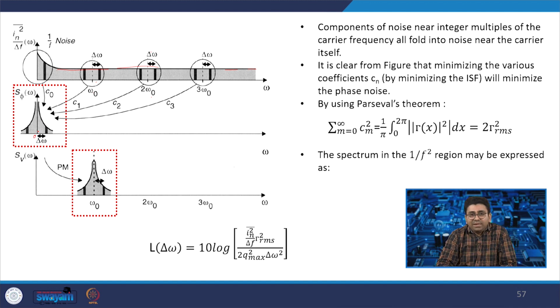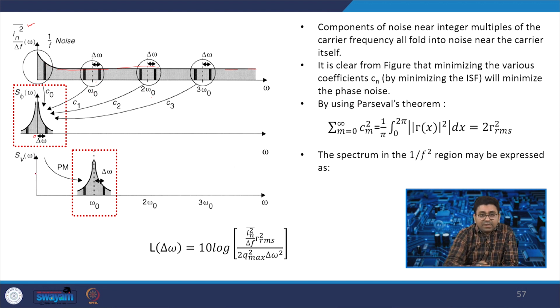Now, what is happening is that the 1 by f noise, that is, In square by delta f noise, is also contributing at the 0 frequency.